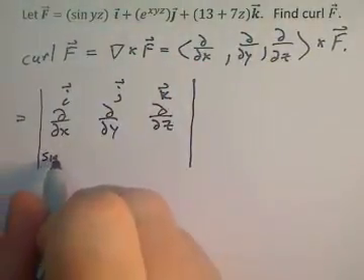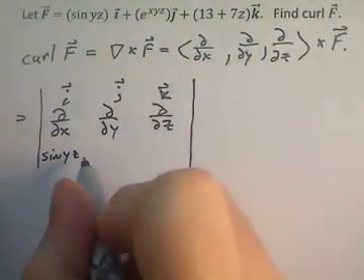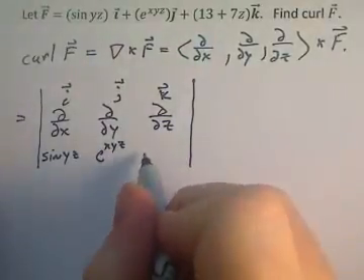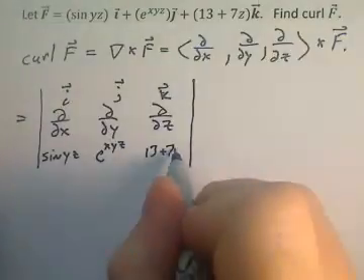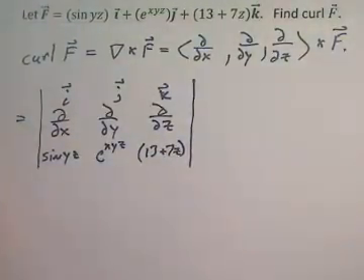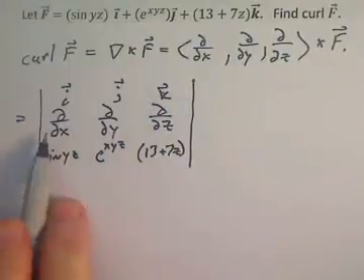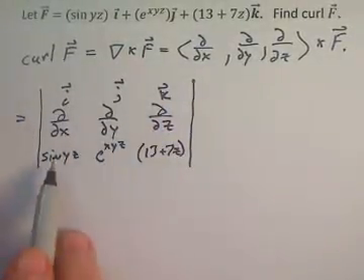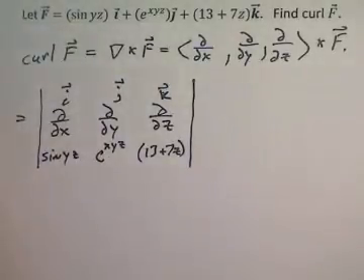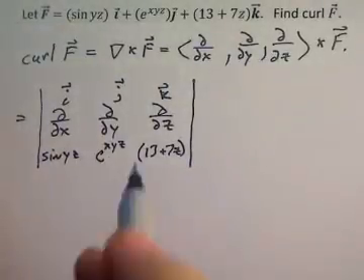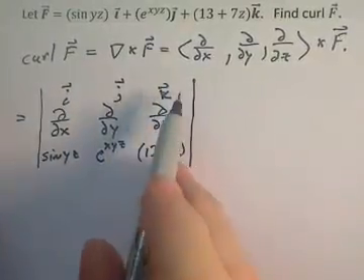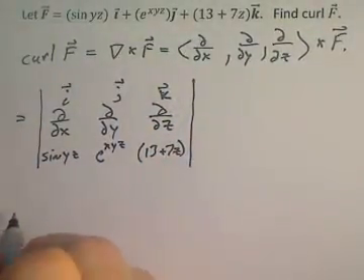So we have sin(yz), e^(xyz), and here's 13 plus 7z. This is our ijk row, and essentially in a cross product you have the first vector, the second row, and third vector.